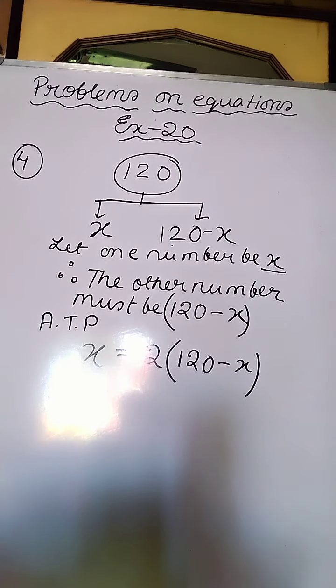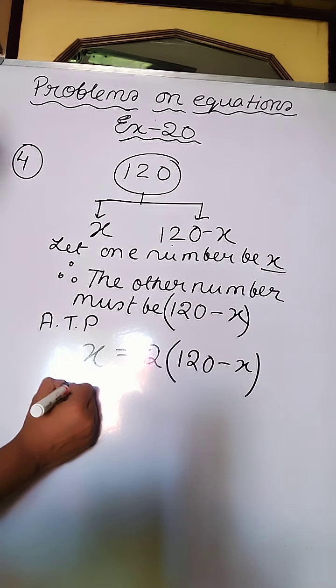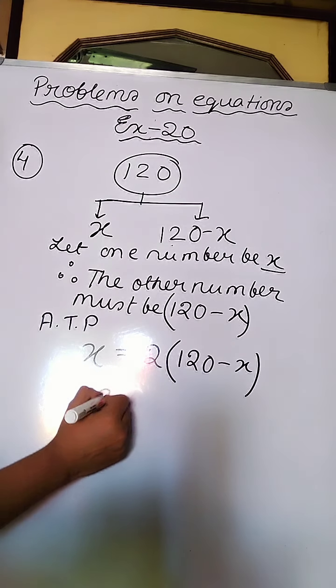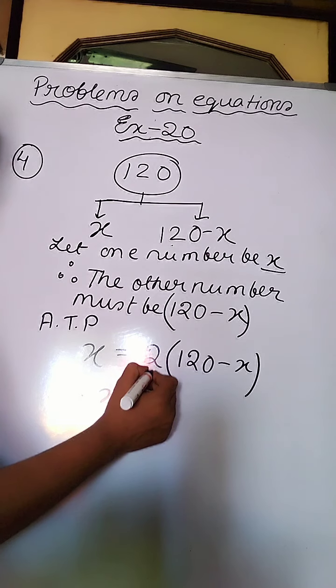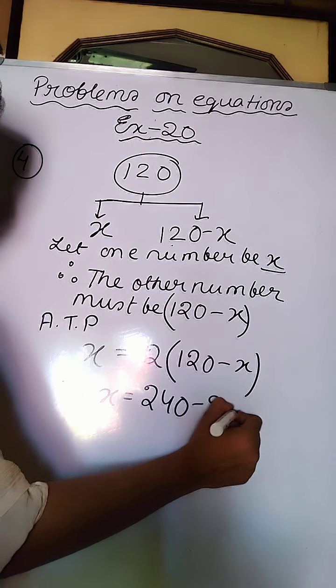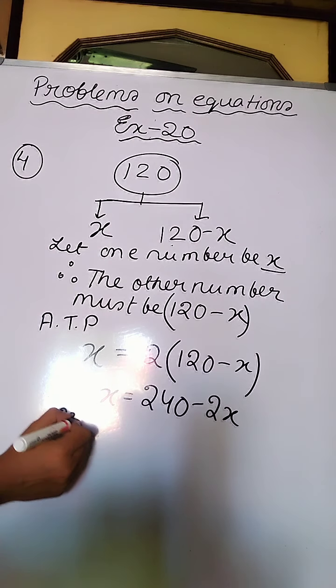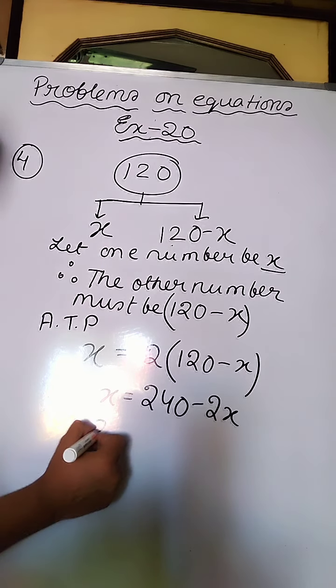This is the form of equation that you have to solve now in order to get the answer. So we will solve this. x is equal to 120 into 2, that is 240 minus 2x. This minus 2x we will bring to the left hand side, as we need to keep the variables on the left hand side.